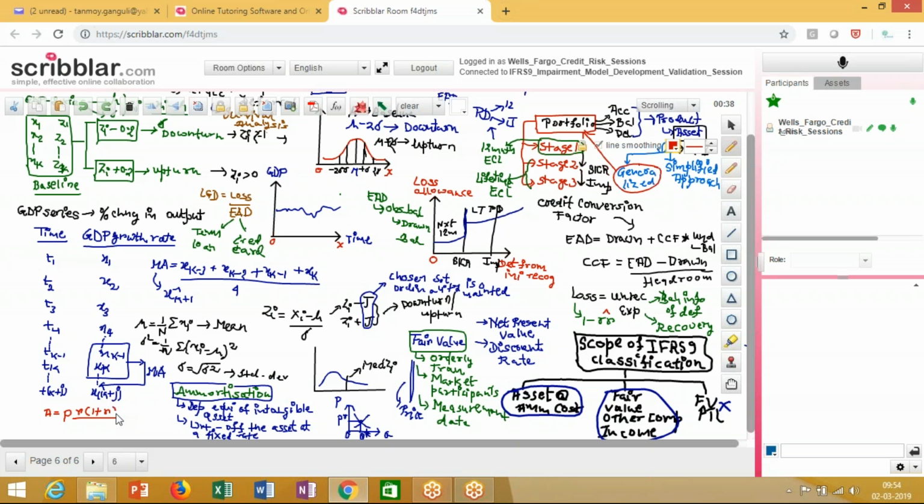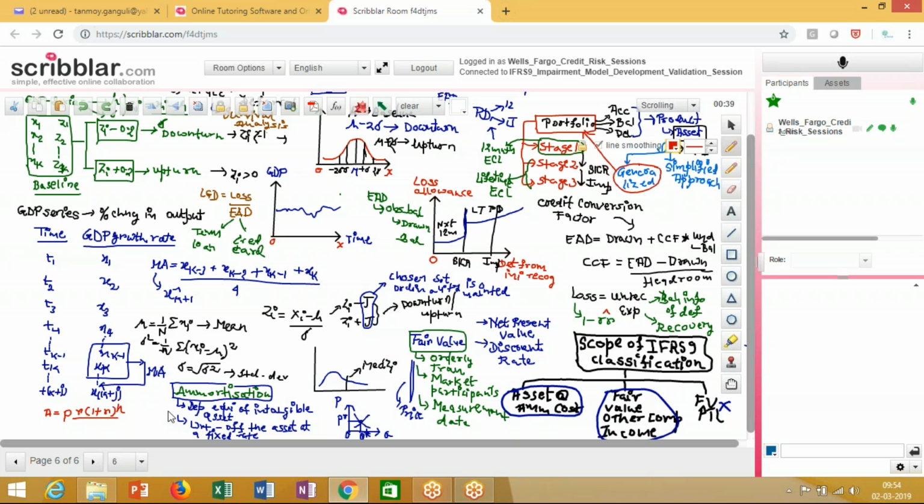So plus R to the power of n. Over here, your n is the number of payments that you need to make. So the number of payments means this is where the term of the loan comes into play.